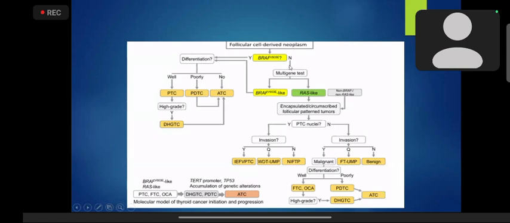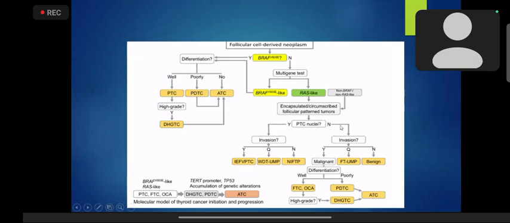On the other side, if BRAF mutation is absent, then they have divided this into three molecular groups. What are the groups? BRAF-like, RAS-like, and non-BRAF, non-RAS-like. If BRAF-like is present, then we have to see differentiation. If BRAF is not present, then we have to look for RAS-like. In RAS-like, they have to see whether an encapsulated or circumscribed follicular pattern is present or not, or whether PTC nuclear features are present or absent.